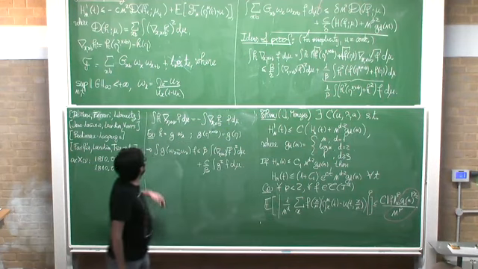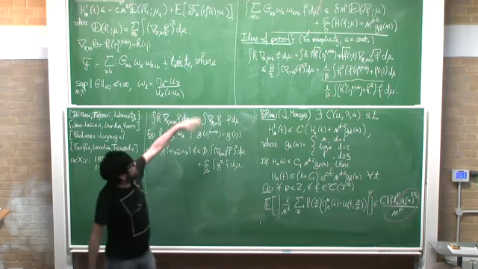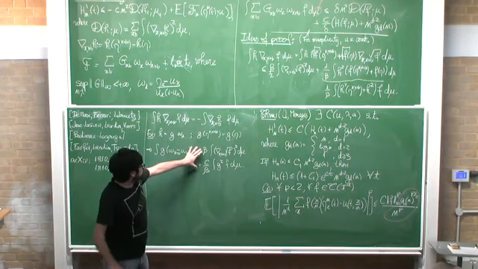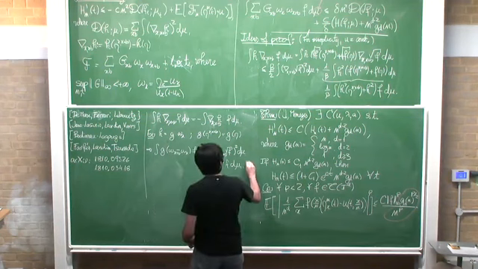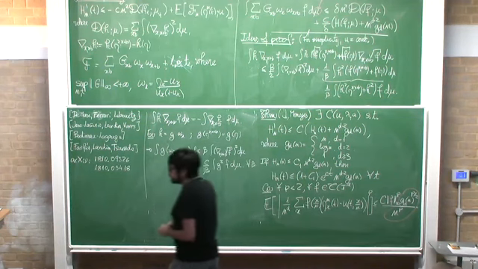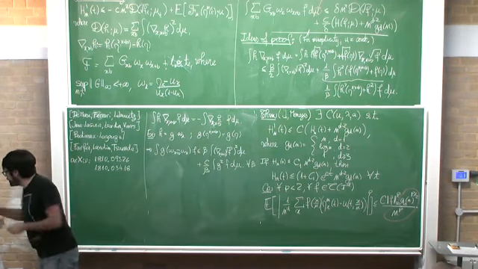So if you trace back all these inequalities there, what you discover is this bound here. And this is true for any beta. So in particular, it's true for beta equal to delta n squared.